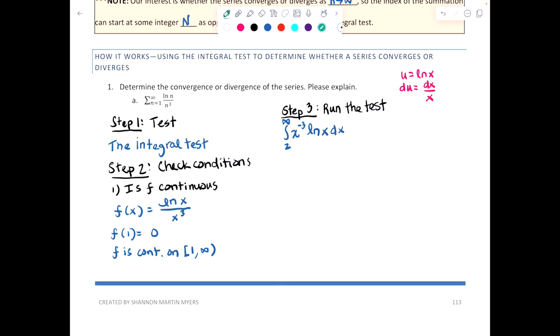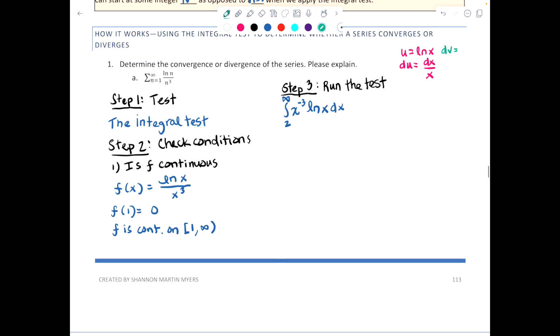And then dv is going to be x to the negative 3 dx. And so integrating both sides, we'll have v is equal to negative 1/2 x to the negative 2.